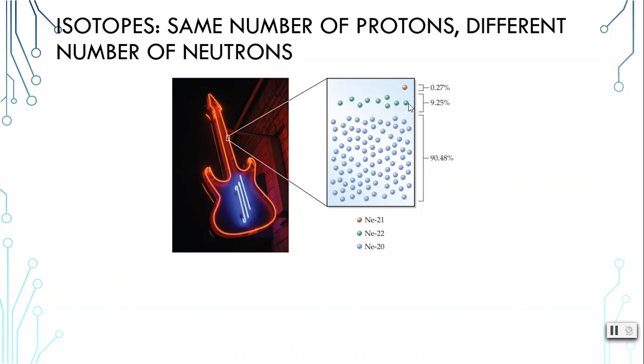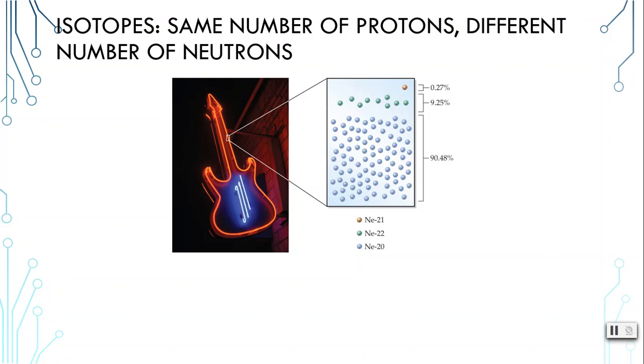A much smaller proportion have a mass of 22, and a really tiny proportion has a mass of 21. So we would say that neon has 3 isotopes. Depending on the element, some elements have more isotopes than others.